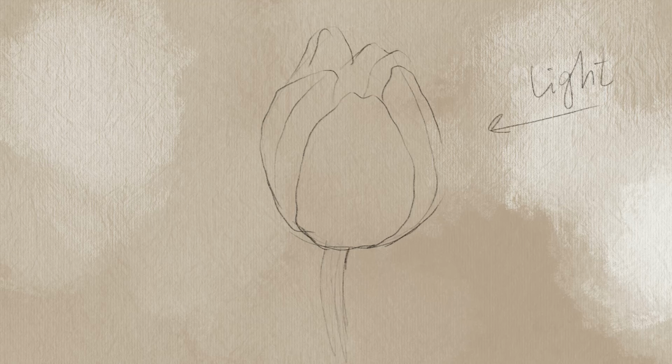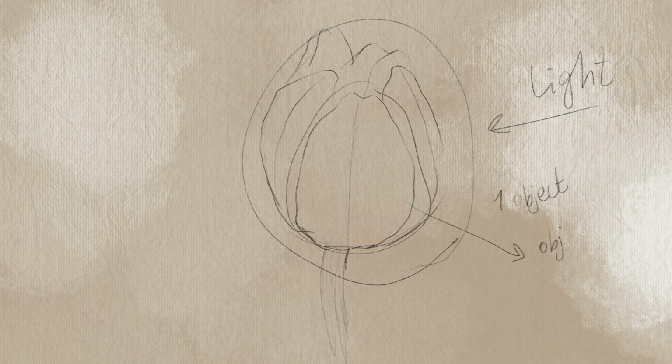So what do you do if your shape is a little more complicated, like a tulip? So it's like one object within another and another. You have to think of it as one whole thing first and then dig deeper into the little petals and other parts of it. So first, create a general shadow that would sort of fall onto the whole thing, and then create the individual shadow in each petal.